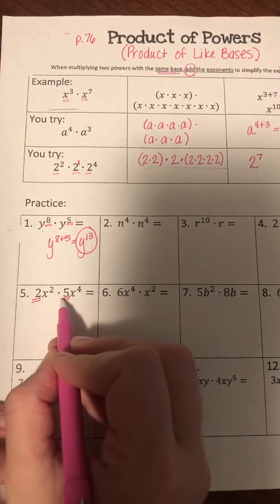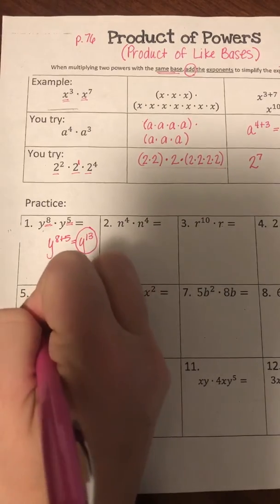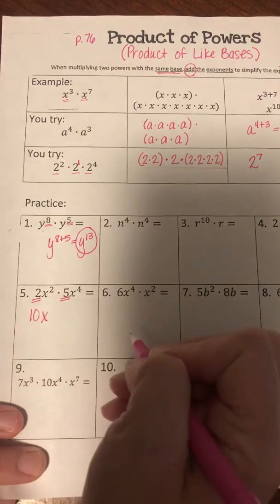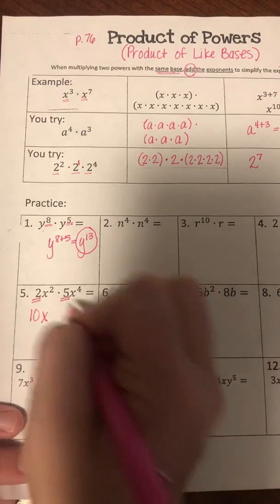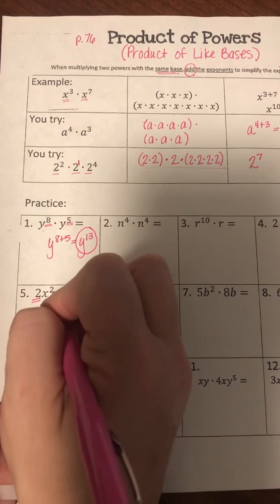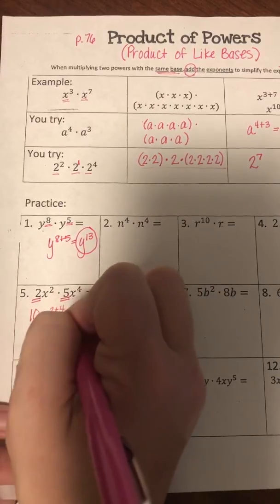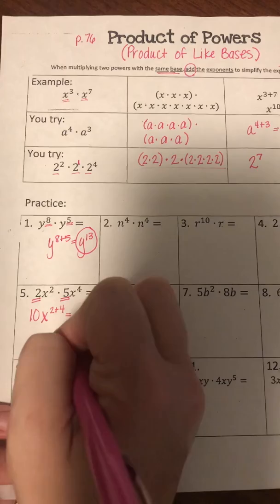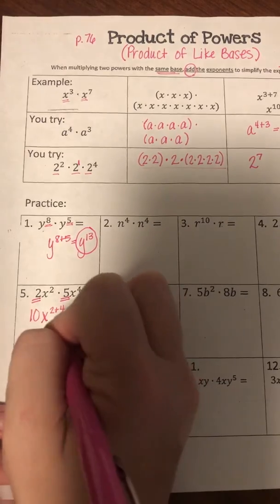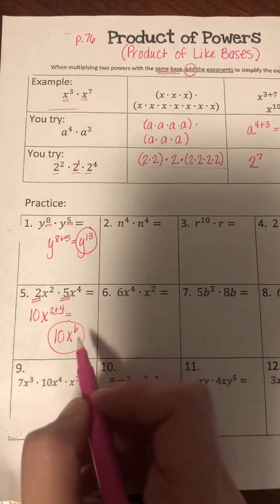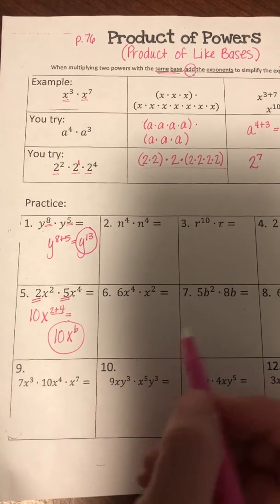So we're going to multiply the 2 and the 5 together. 2 times 5 is 10. And then we have our bases are the same, x is the same, and so we're going to add together our exponents, 2 plus 4. And so our final answer would be 10x. 2 plus 4 is 6, so it would be 10x to the 6th power.